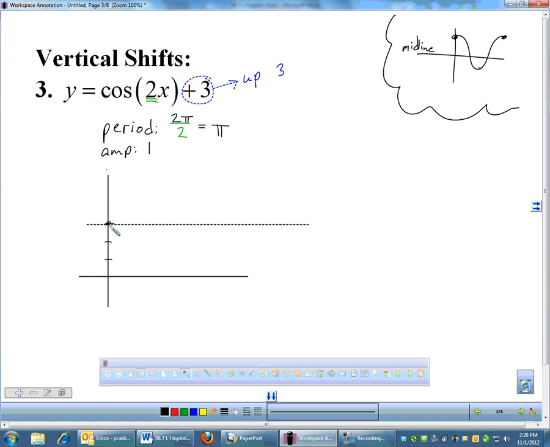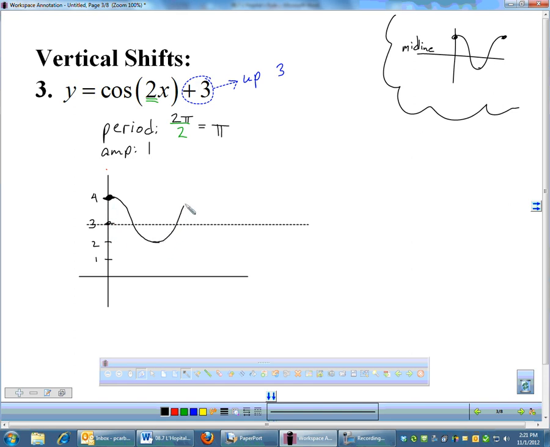That tells me that from my midline, I'm going to go up 1 and down 1, and cosine starts up high. So we're going to start this graph up here at 4, which is 1, 2, 3, 4. It's going to come down and bottom out at 2, because the amplitude is 1. We go 1 up and 1 down.